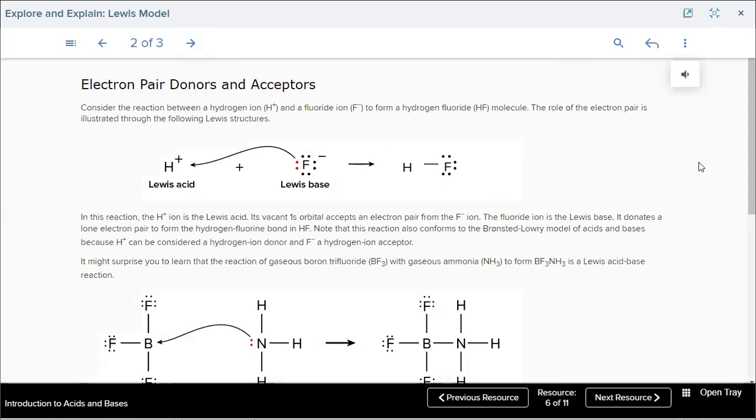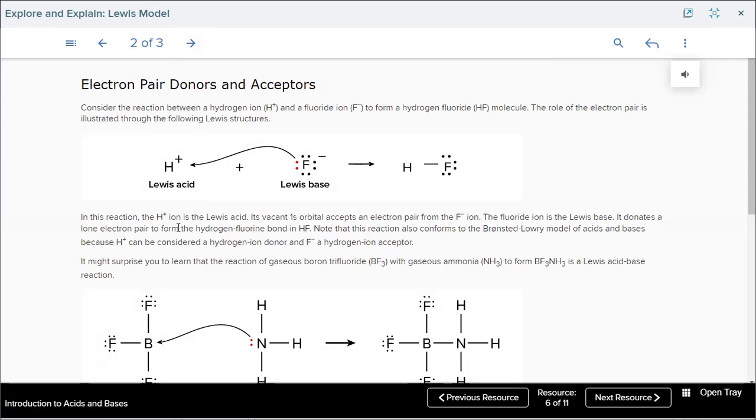So to explain HF, consider the reaction between hydrogen ion and fluoride ion to form a hydrogen fluoride molecule. The role of the electron pair is illustrated through the following Lewis structure.